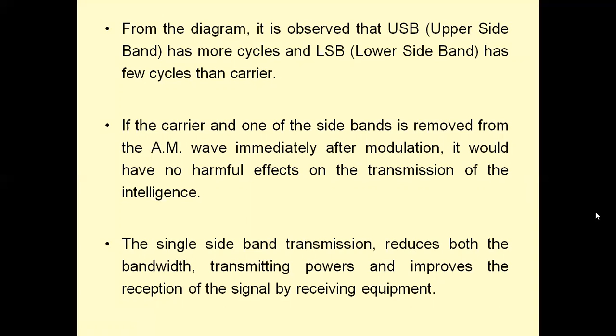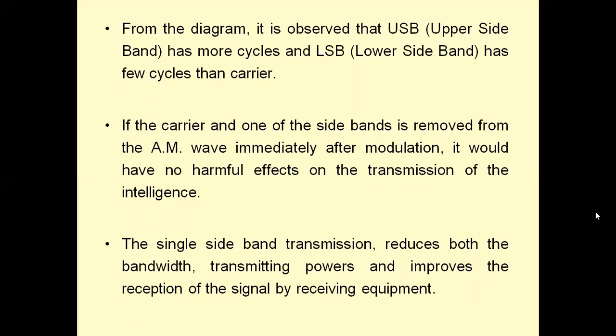If the carrier and one of the sidebands are removed from the AM immediately after modulation, it would have no harmful effects on the transmission of the intelligence signal. Single sideband transmission reduces both the bandwidth and transmitting power, and improves the reception of the signal by receiving equipment.